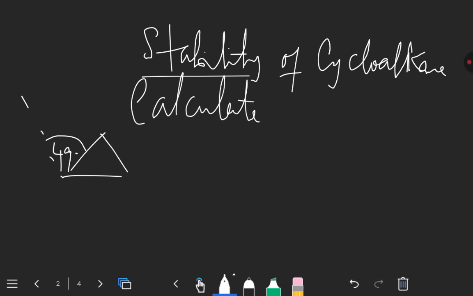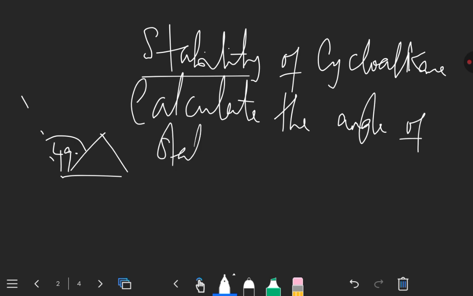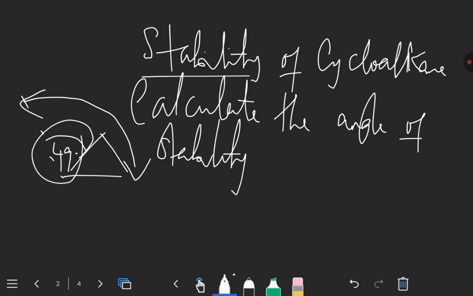Calculate the angle of stability. So the angle of stability is simply this angle, which is here. You can see that here we have 49, and inside here we have a triangle which is equilateral, which has 60 degrees as in triangles.